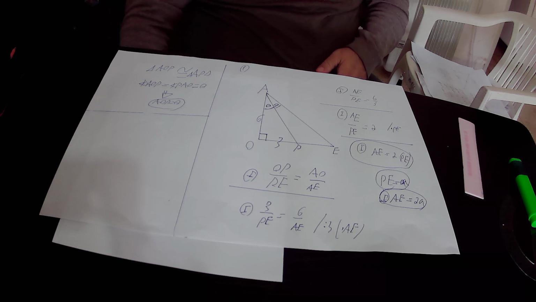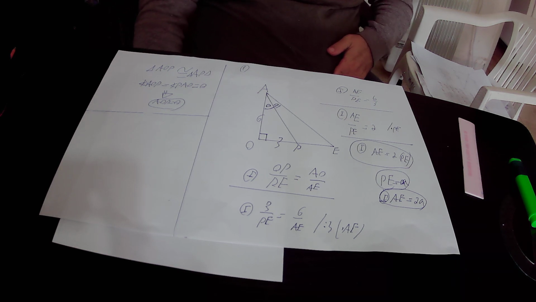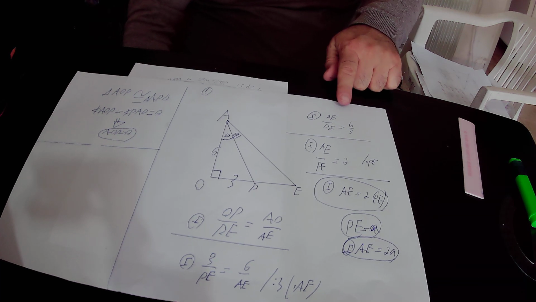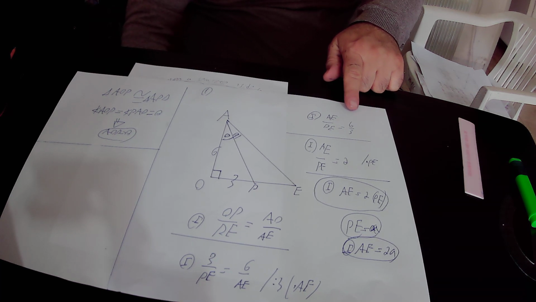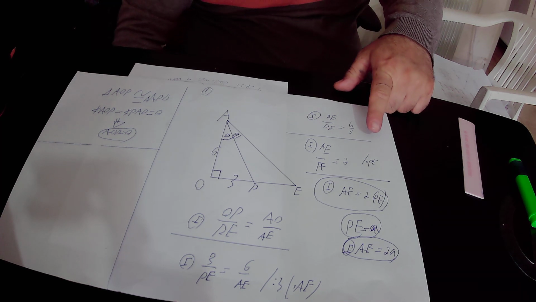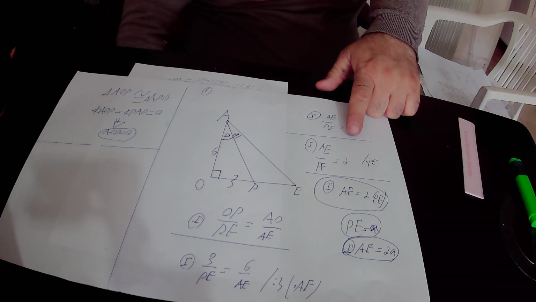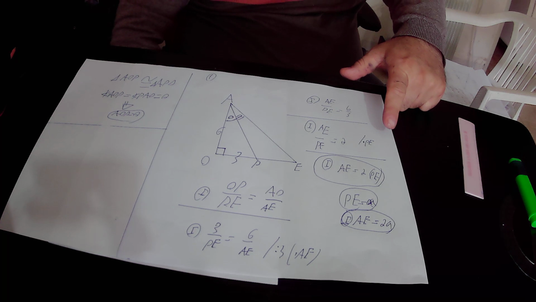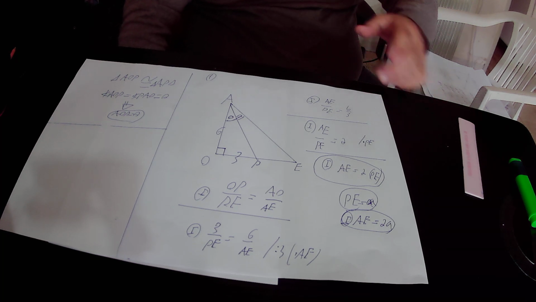Here we divided equation number 1 by 3 and multiplied it by AE, and found that AE over PE equals 6 over 3. 6 over 3 is 2, so AE over PE equals 2. Multiplying by PE, AE equals 2 times PE.